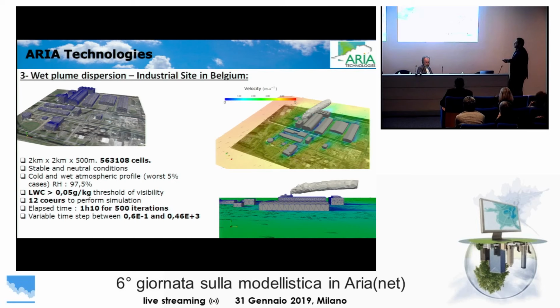It's the weight of the total liquid water, sorry, and this is the weight of the total air. 12 cores to run the simulation, 1 hour and 10 minutes for 500 iterations. And these are some outputs of this study. So this is for stable condition, and the wet plume is very tight, as you can see here.